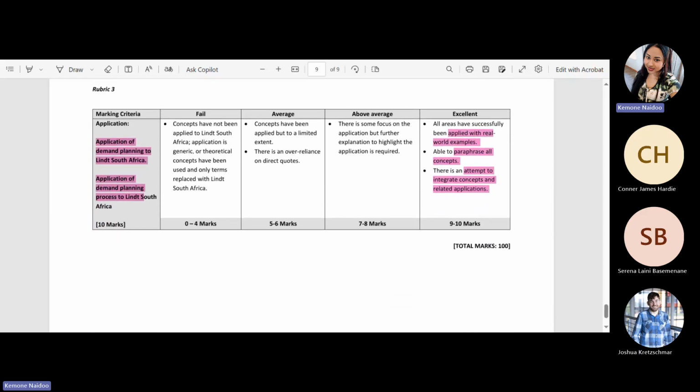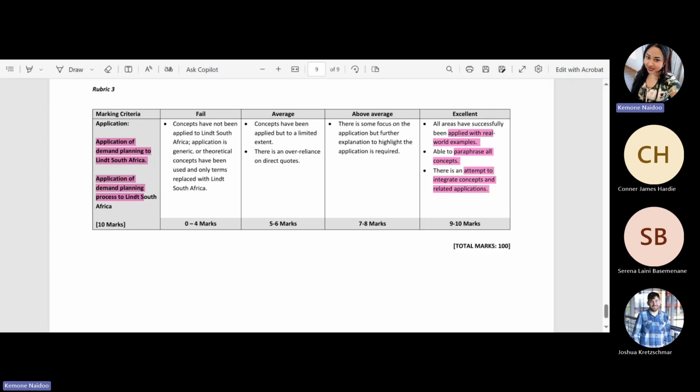And then we have the application part. Now, see how you are getting marked for application on each aspect. So the demand planning and the demand planning process. Okay. So don't just talk about the demand planning process and the application of that. You want to include everything you spoke about.